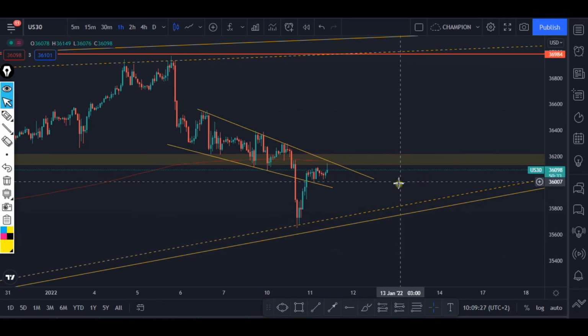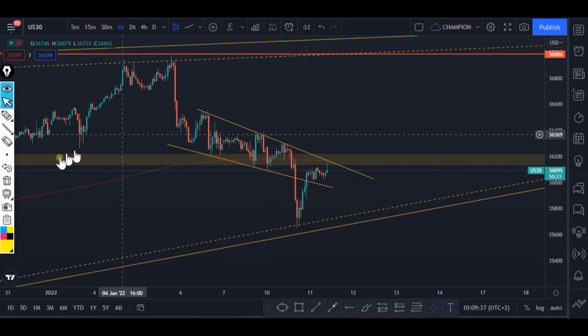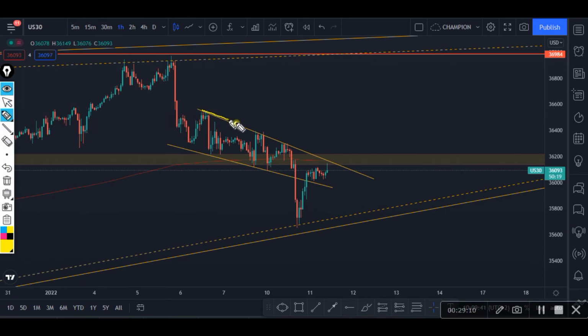I hope you see what I'm trying to show you. The market created this resistance that you are looking at right now. Though my line is not that straight, I will try to be slow.